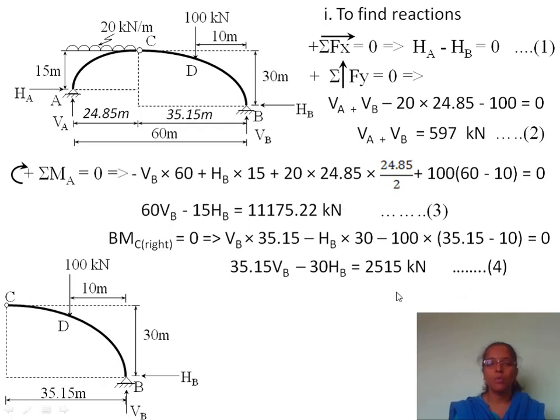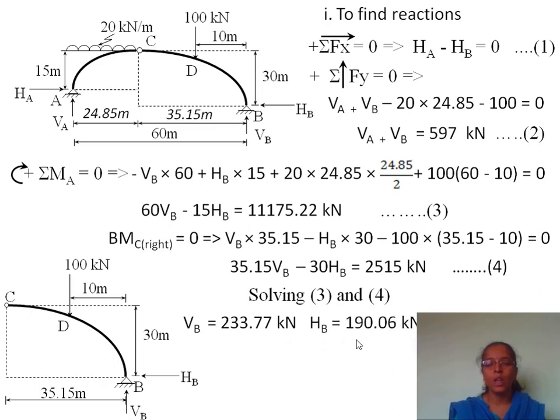So we have two simultaneous equations and two unknowns. We can solve equations 3 and 4. By solving them, we obtain the value of VB as 233.77 kilonewton and HB as 190.06 kilonewton. After obtaining VB and HB, we can calculate HA and VA.